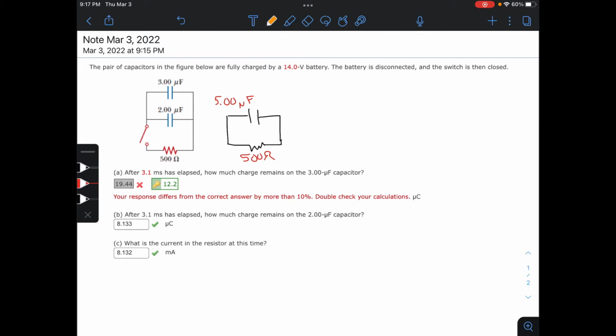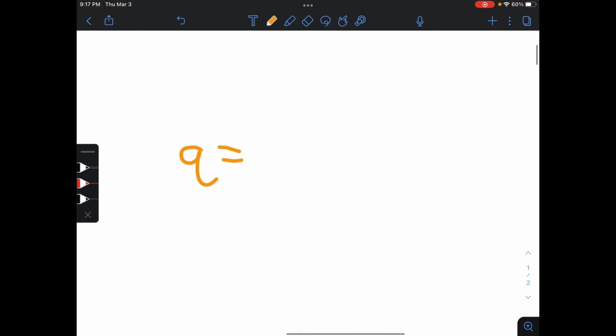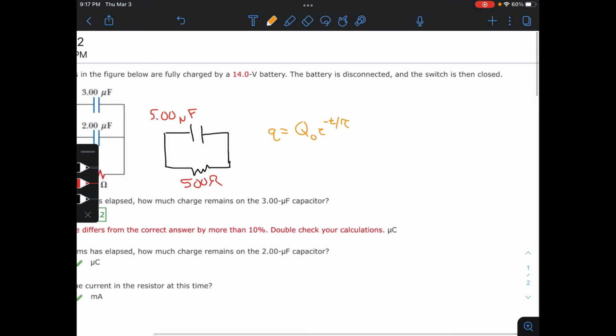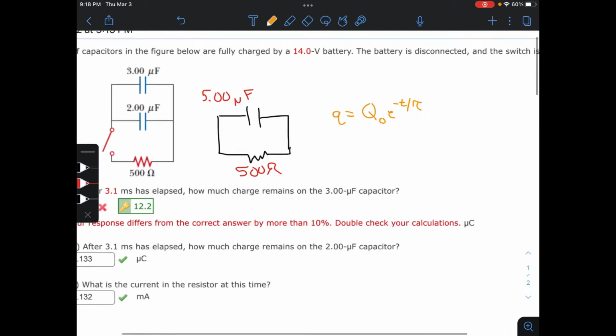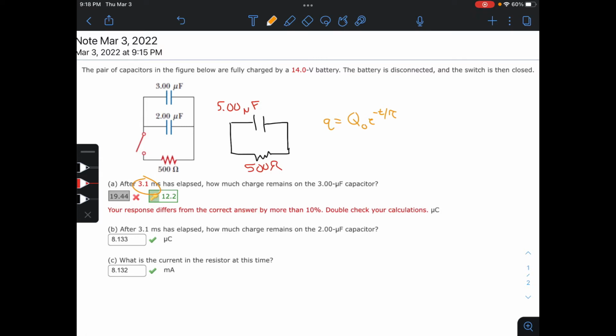So the formula we'll be using is: final charge is equal to initial charge times e to negative t divided by our time constant, and we know our lowercase t, and that is 3.1 milliseconds.